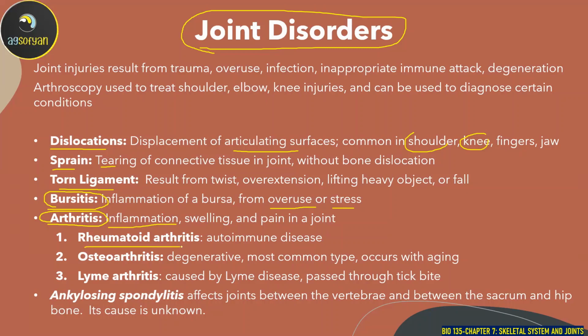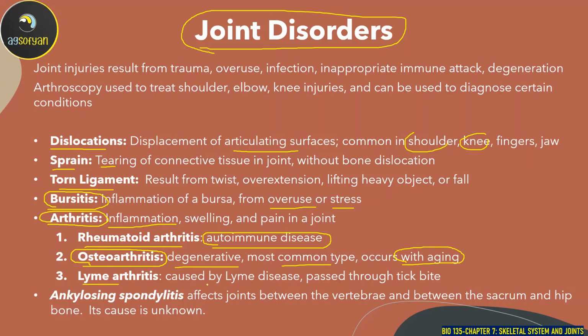Rheumatoid arthritis is due to antibodies that actually kill our own joint cells, so this is what we call an autoimmune disease. Osteoarthritis usually happens in older age, which is a degenerative joint problem. This is the most common type as people age.